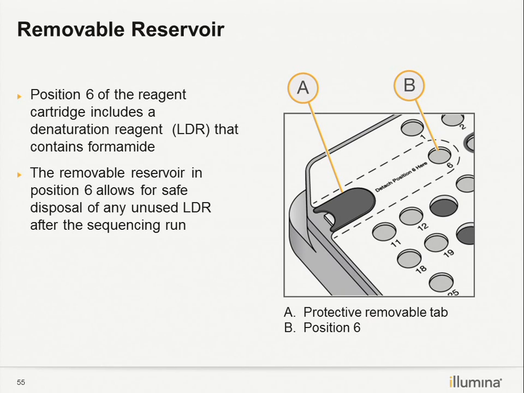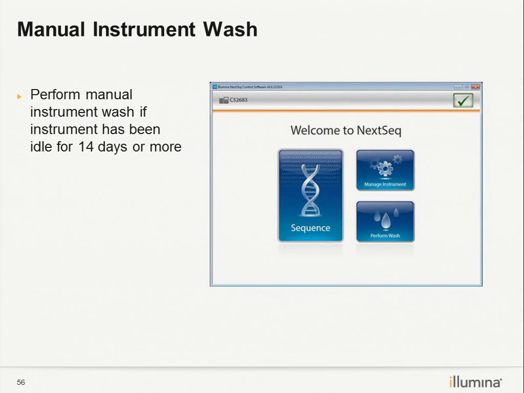So the remaining reagent left over should be very little, but if that's still a concern, you can actually detach this well and dispose of it separately. But having said that, that means the waste buffer is contaminated with formamide and needs to be disposed of as chemical waste. Okay?